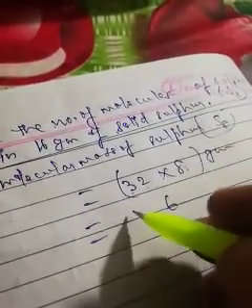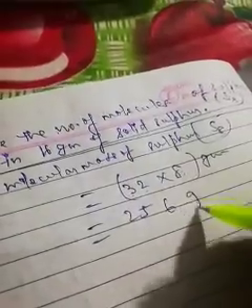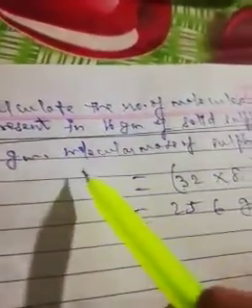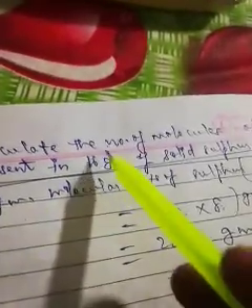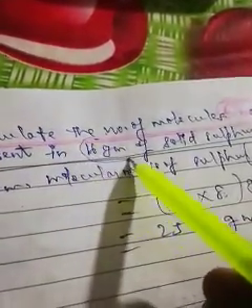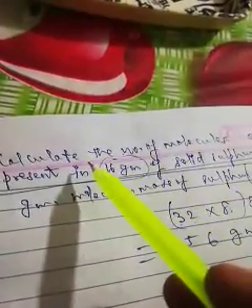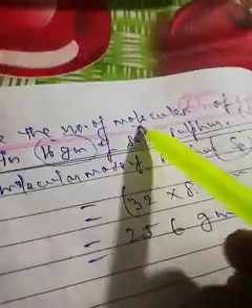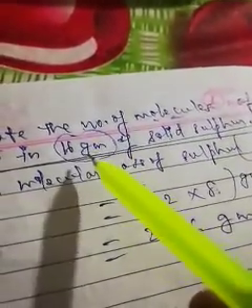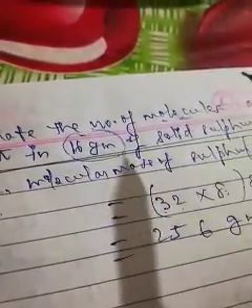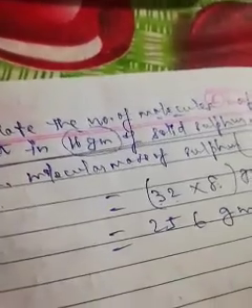So it will be 256 gram. Now we can calculate the number of moles that is present in 16 gram of solid sulfur. We are calculating molecules. In 1 mole, it will be 6.022 into 10 power 23.